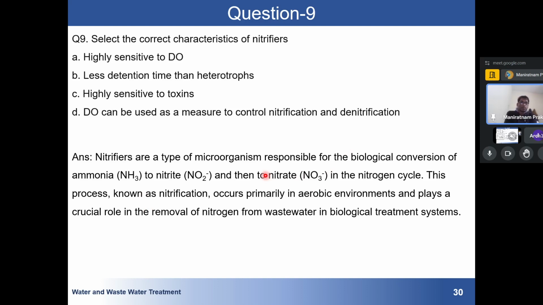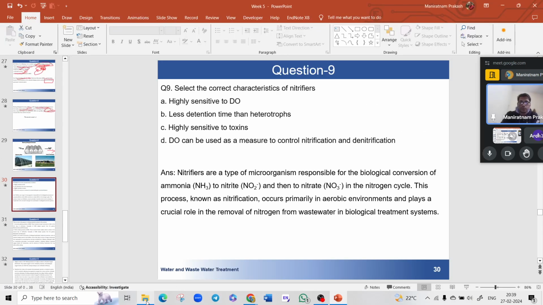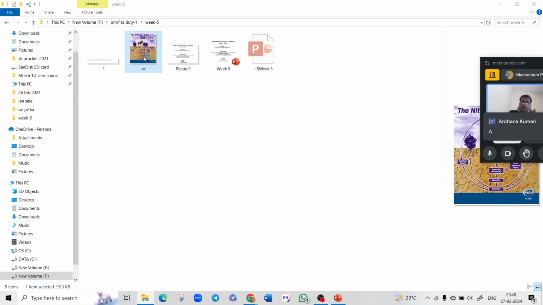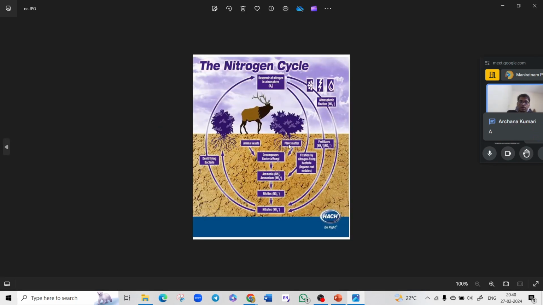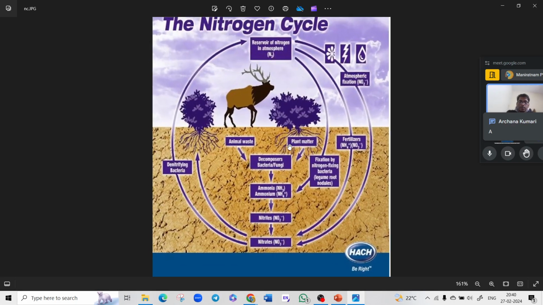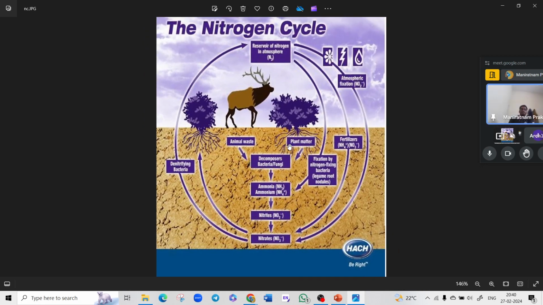Currently I don't remember exactly how nitrate is removed, but generally there is some mechanism to remove it from the system. But ammonia is a big problem in wastewater, that's why we have to remove it. And remember, the concept of nitrifiers comes from the nitrogen cycle. So I will just show you the nitrogen cycle. I hope you are able to see the picture I am showing.